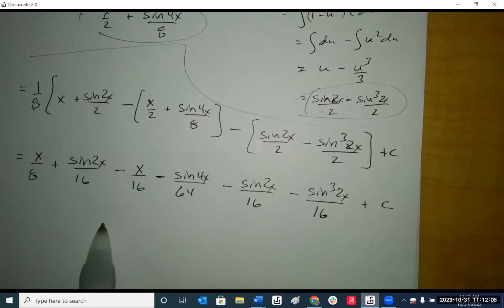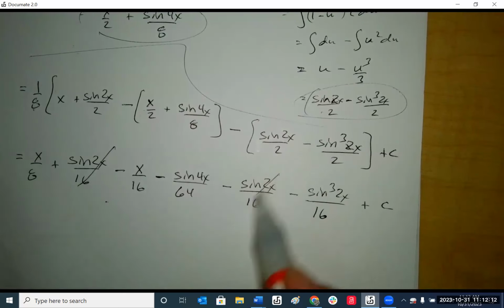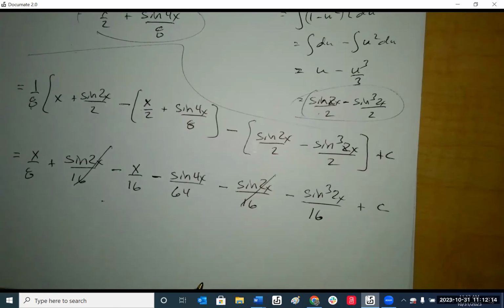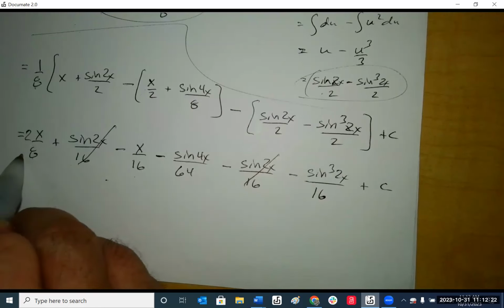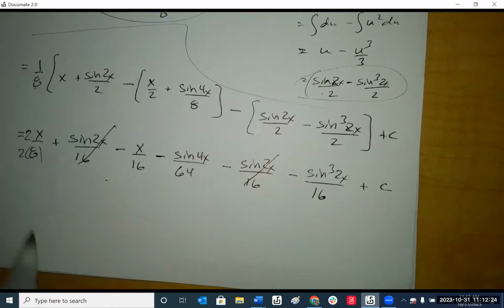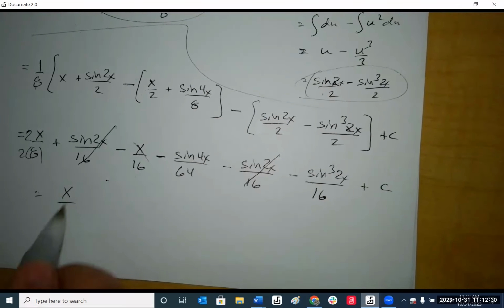We combine: sine 2x minus sine 2x, they're both gone. X over 8 minus x over 16, so this is 2 over 2 times that, so that becomes x over 16.